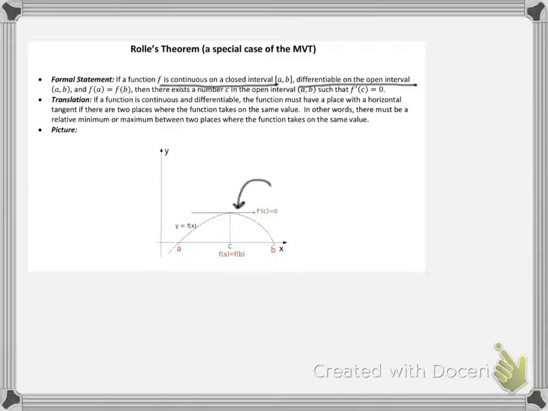So if a function is continuous and differentiable, the function must have a place with a horizontal tangent if there are two places where the function takes on the same value, meaning that a and b have the same y value. In other words, there must be a relative minimum or maximum between the two places where the function takes on the same value. So in this case, this would be a relative maximum. All right.